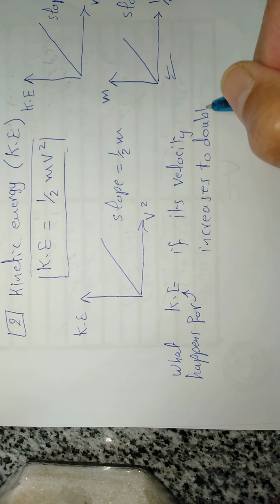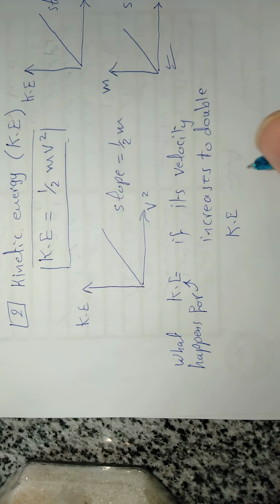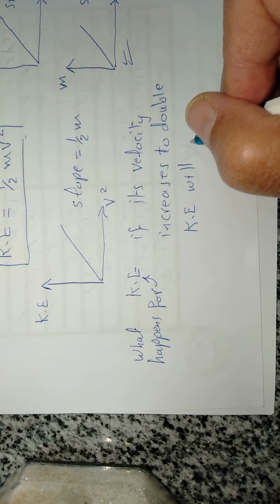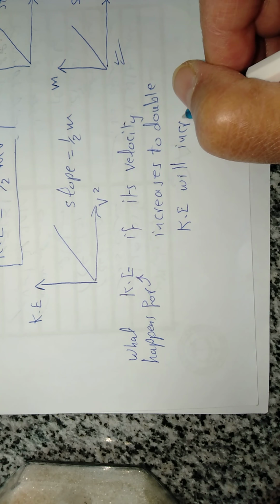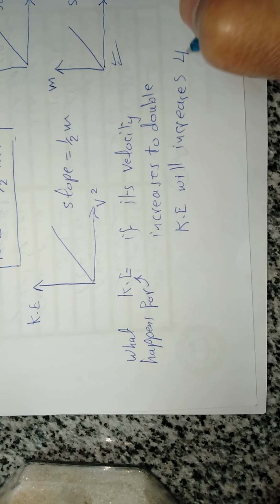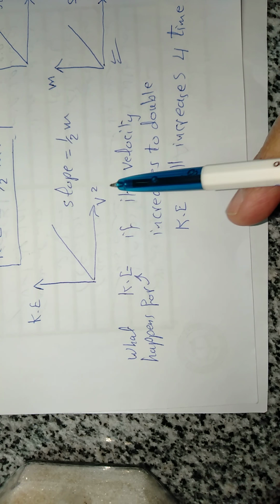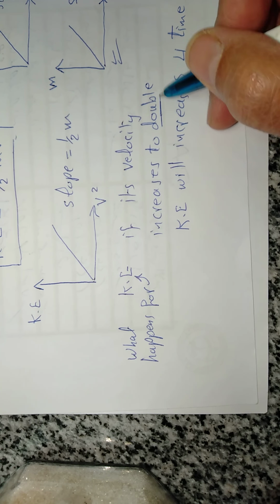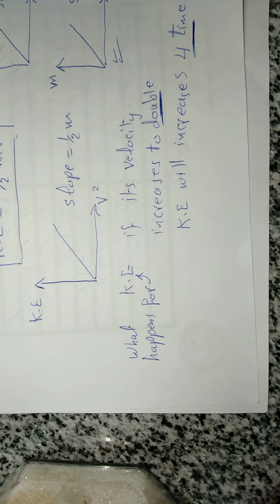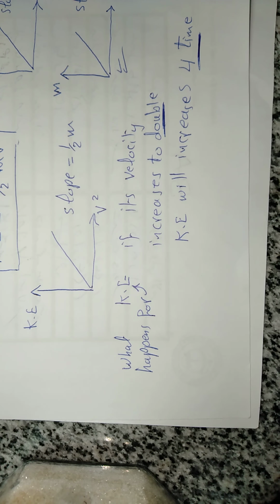Its kinetic energy will increase 4 times its value. Why? Because the velocity is squared, so when it doubles, the kinetic energy increases 4 times at constant mass. This is one of the very important questions. And this is about the kinetic energy.